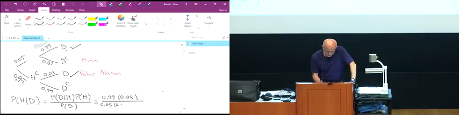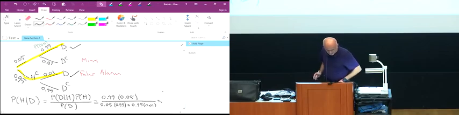0.05 times 0.99 plus what? 0.95. Now I have to follow this branch. So these are the two branches I follow. So I have 0.95 times 0.01. Can somebody compute this?